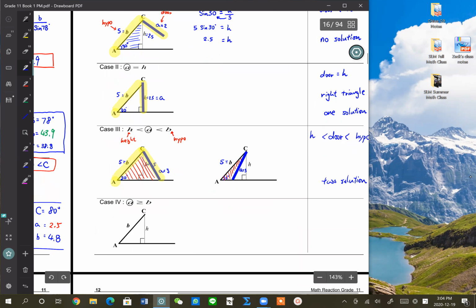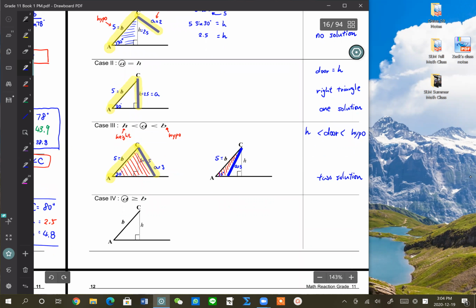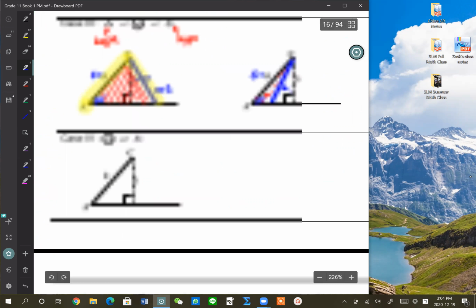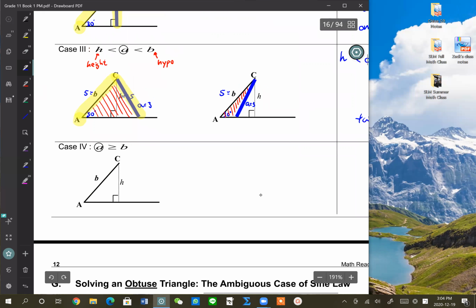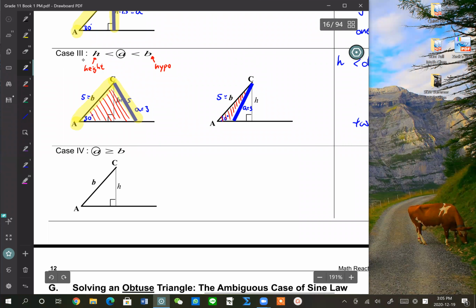Okay, last one. Last one is when the door is longer, right? You can see the case 4. Door is longer or equal to the hypotenuse. Before we talk about this, can you raise your hand if you understand case 3? Want to make sure everyone understands.